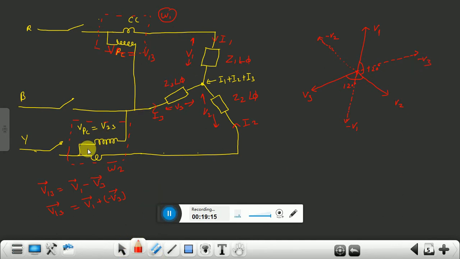Suppose here we want the line voltage V13. So V13 is equal to V1 minus V3, vector V1 minus vector V3.